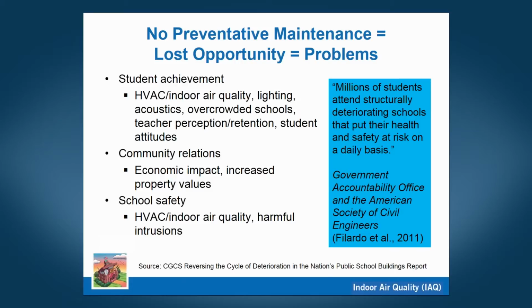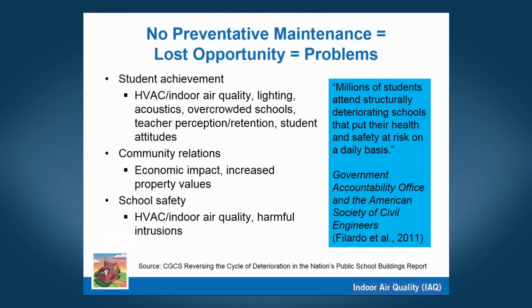Here are some snapshots from another report by Council of Great City Schools. The report is called Reversing the Cycle of Deterioration in the Nation's Public School Buildings. According to this report, which focuses on deferred maintenance, or if you convert that to preventative maintenance as well, it came up with interesting conclusions about student achievement, community relations, and school safety.